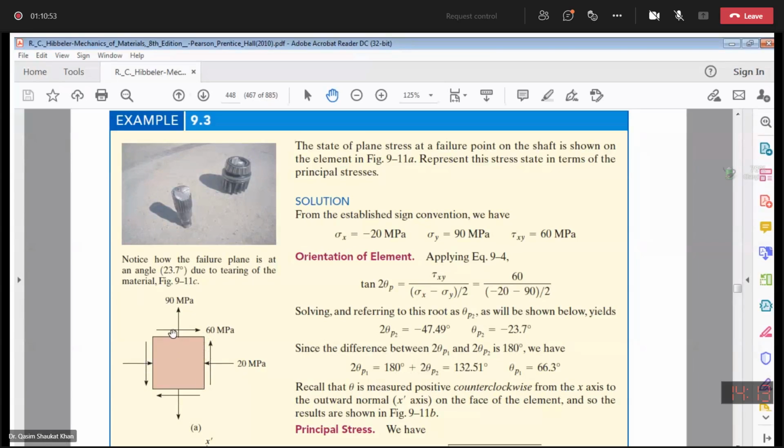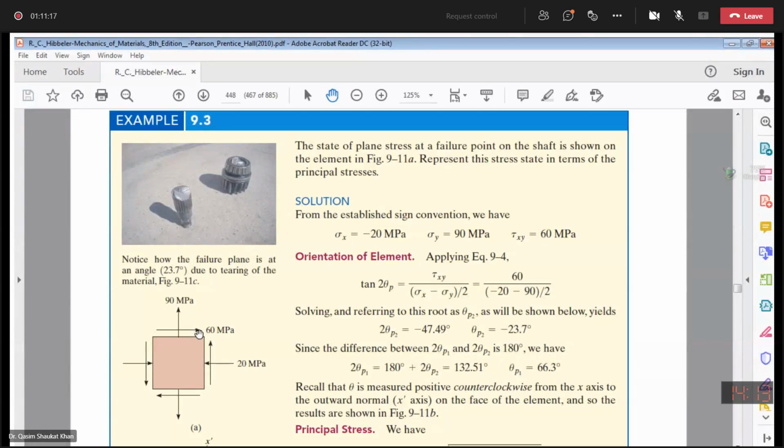You can see this plane stress element over which there are two normal stresses and one shear stress. So you have normal stress sigma x, that is minus 20 megapascals. You have sigma y 90 megapascals, and shear stress 60 megapascals. ठीक है जी.